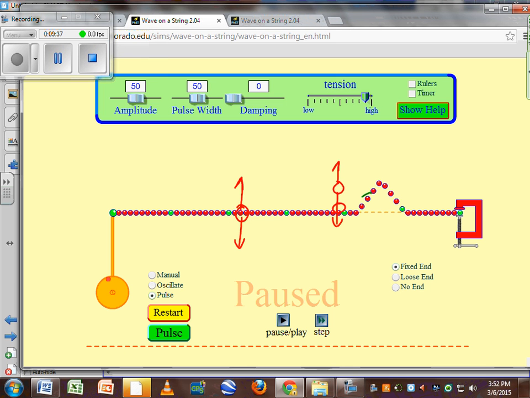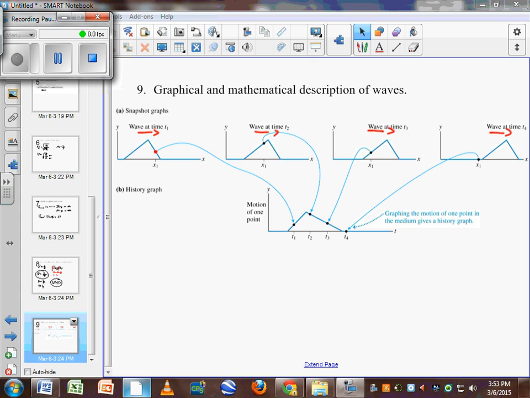And if you take a look at another bead, from left to right, you can see that that bead just moves straight down. So these beads move up and down in simple harmonic motion. And so when we look at this picture here, we're just seeing this one bead move up to here, and then back down. So we're just watching it move up and down. And then this history graph just shows that point, that position change.